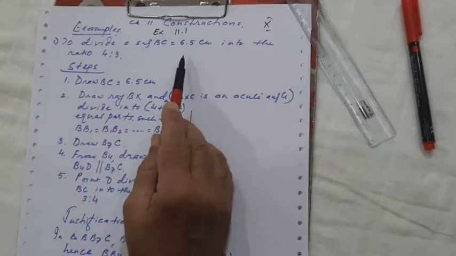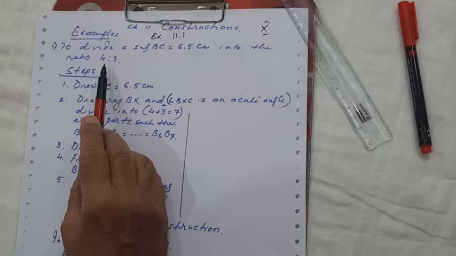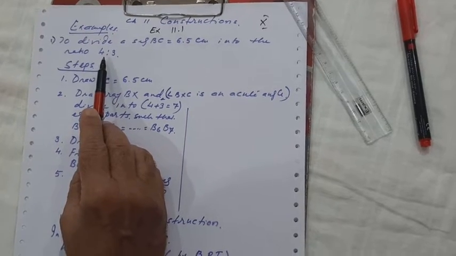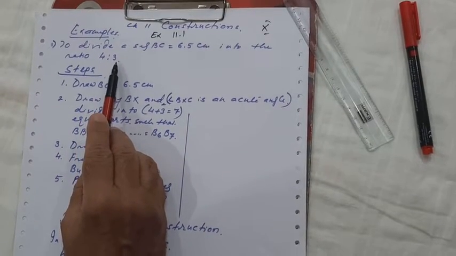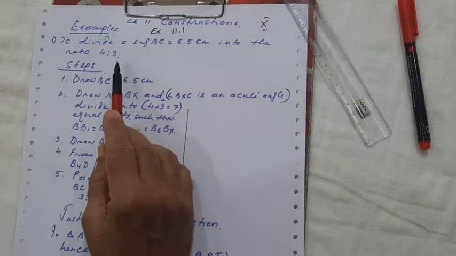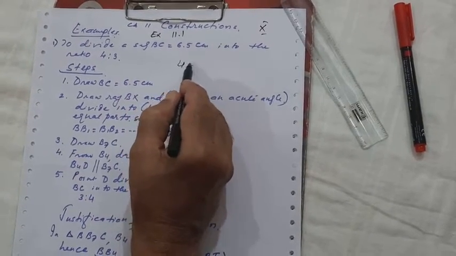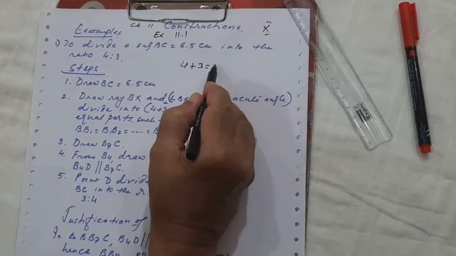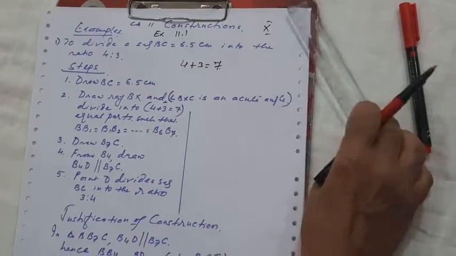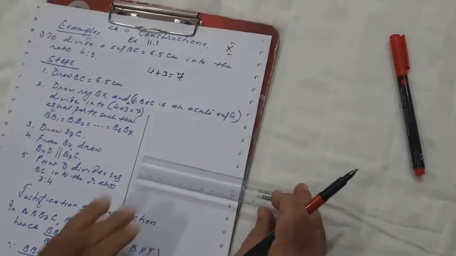So we have to divide the segment BC in two parts, 4 and 3. 4 parts one side and 3 parts one side. So total 4 plus 3 is equal to 7 parts. Okay, now let's start.